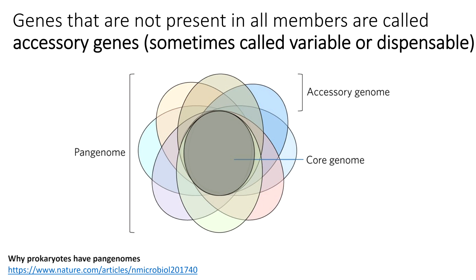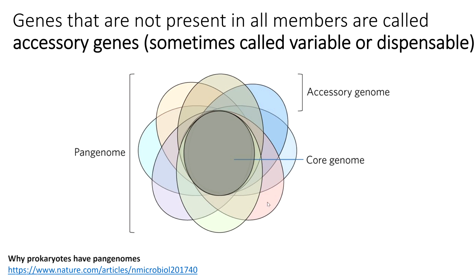It's believed that the core genome of some bacterial species can be less than half of the genome, in fact. All of those other genes that are not present in all of the members are called the accessory genes. Sometimes these are also called variable or dispensable genes, but those genes will make up the accessory genome.